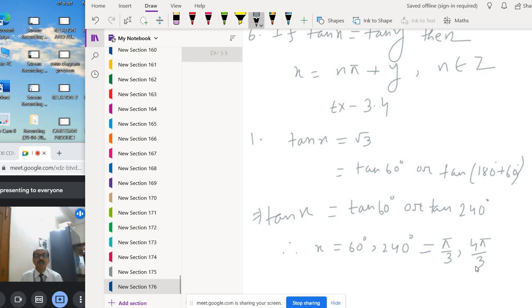Okay. So these two are the principal solutions, or you can say principal values: pi by 3 and 4 pi by 3. See the question: find the principal and general solution.